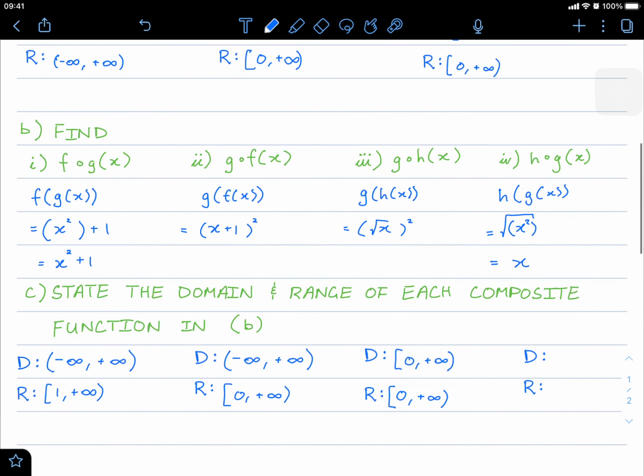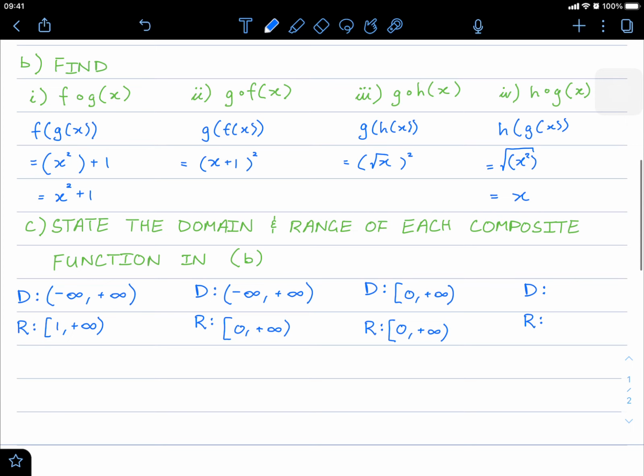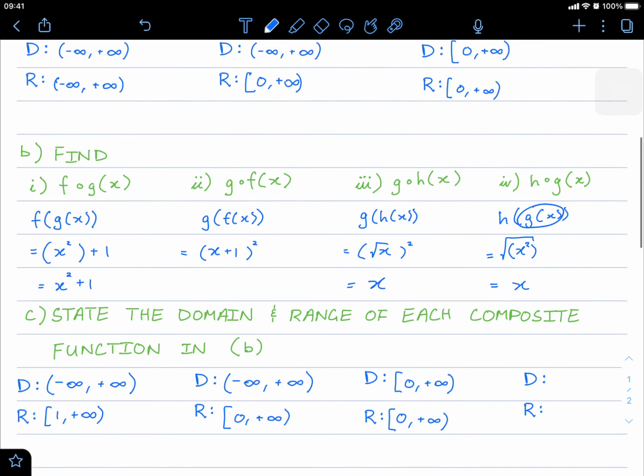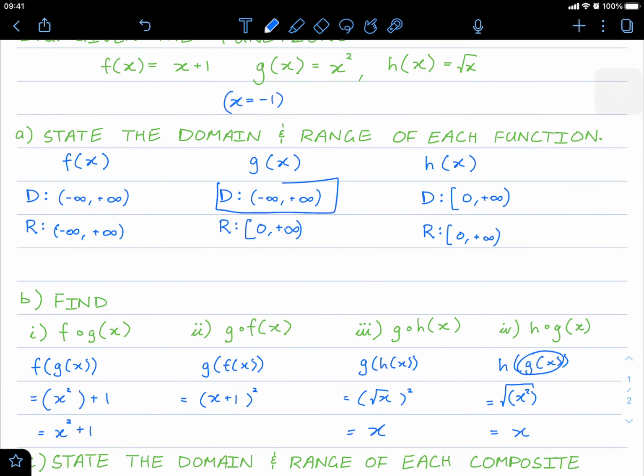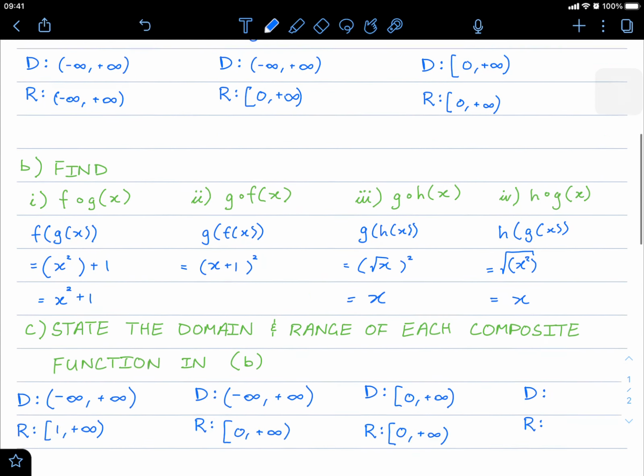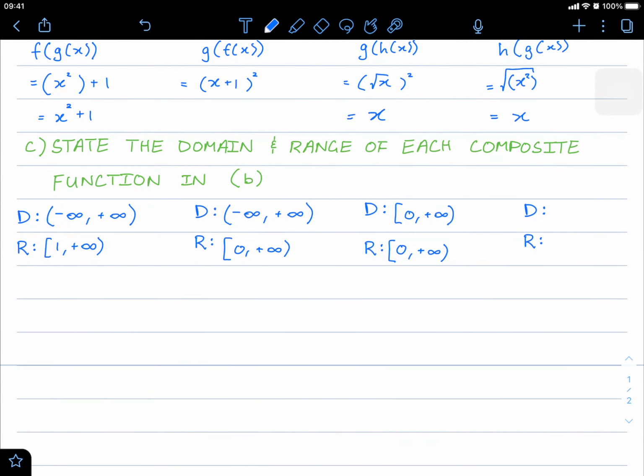Even though the net result is the same for both, g's domain is from negative infinity to positive infinity. So in this instance, we actually can substitute negative values and positive values.